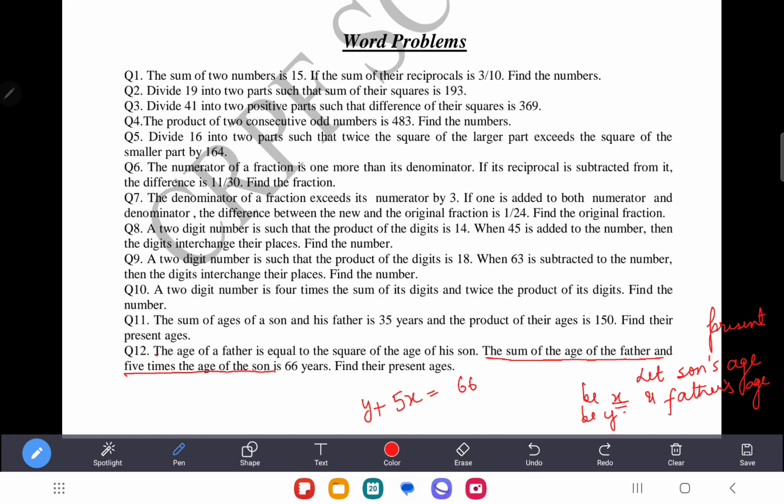And what does the first statement say? The age of the father is equal to the square of the age of his son.